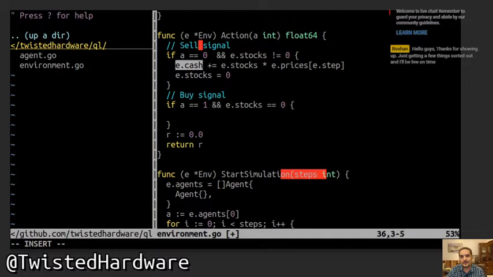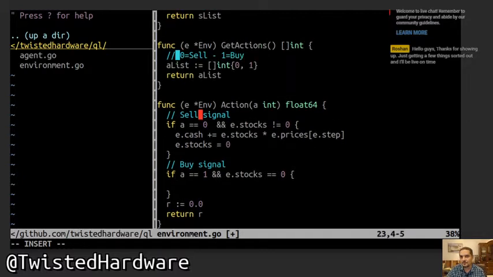So if the signal is 1, which is buy, and we don't have any stocks, so we should buy stocks. First of all, let's figure out how many stocks we can buy with our cash.